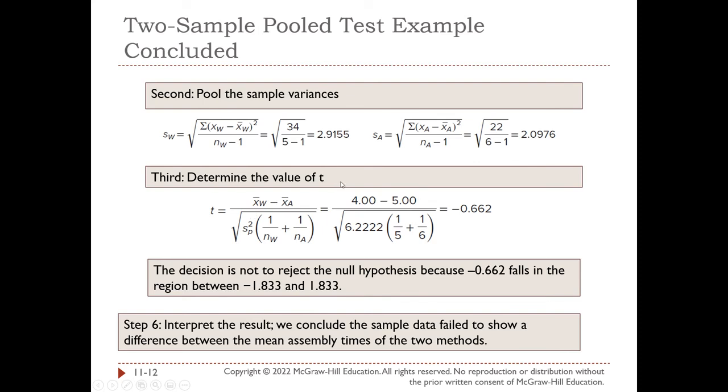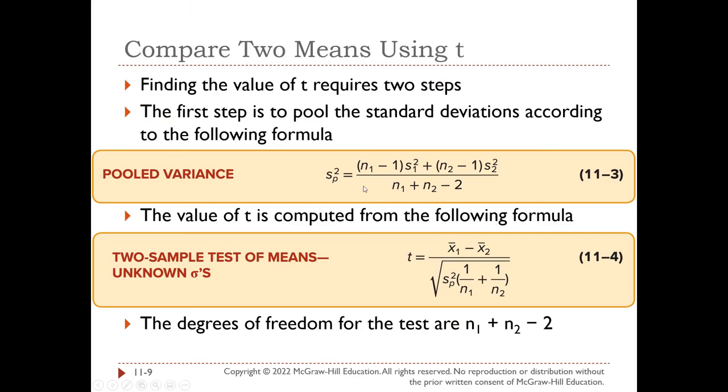Here, determine the value of t. Take our first sample mean minus our second, so 4 minus 5. And then the sample, I feel like they kind of skipped the formula right here. Yeah.